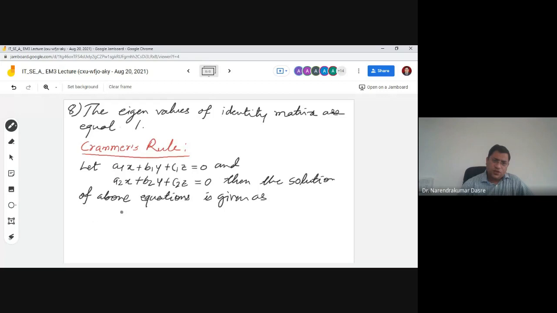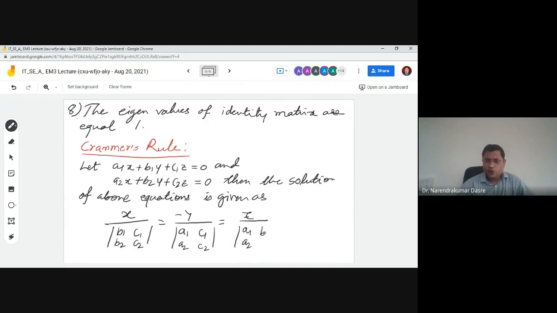We have x upon the determinant of b1, b2, c1, c2, which is equal to minus y upon the determinant of a1, a2, c1, c2, and this is equal to z upon the determinant of a1, a2, b1, b2. Please be careful, these are determinants.